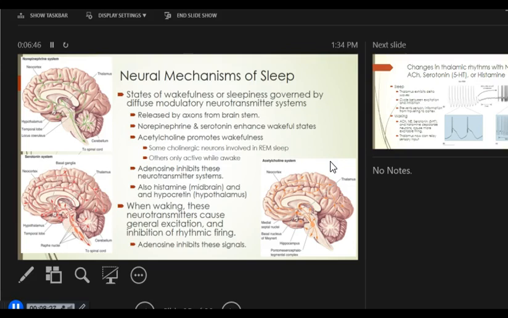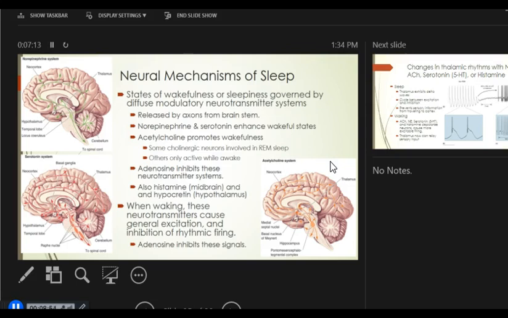So when we are awake, these systems, norepinephrine, serotonin, acetylcholine, distribute these neurotransmitters all over the place. They cause neurons all over our brain that have receptors for these neurotransmitters to be more active than they otherwise would be, so that you're increasing alertness and wakefulness as a result of these systems.